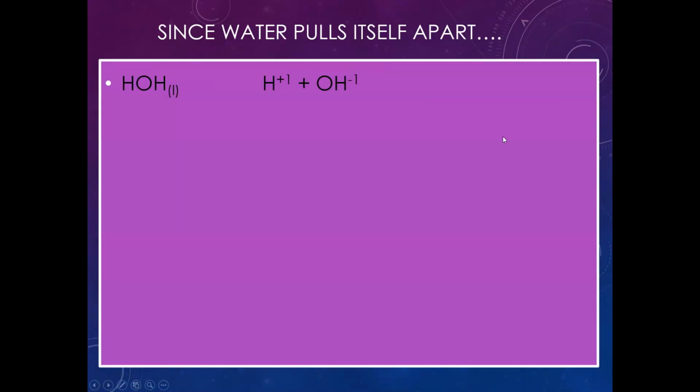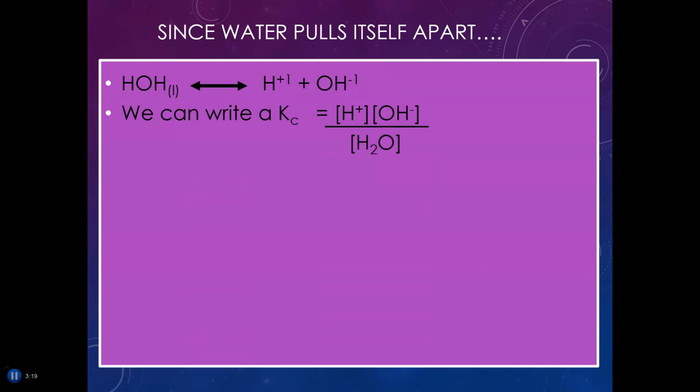So, since water is going to be pulling itself apart, we can start talking about the equilibrium constant. This equilibrium constant, Kc, for the reaction is based on the concentration of the reactants and the products.